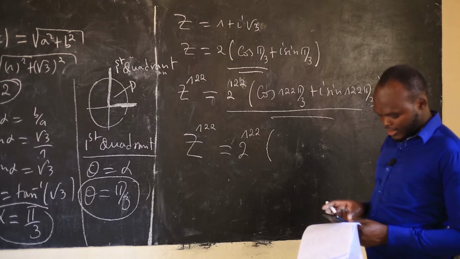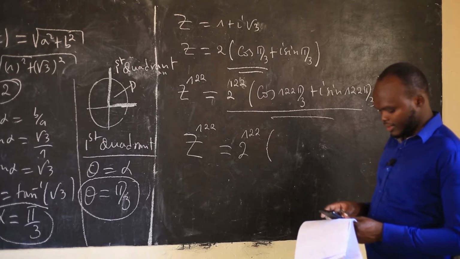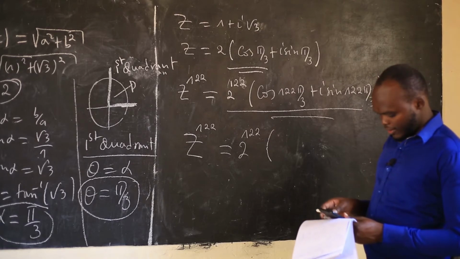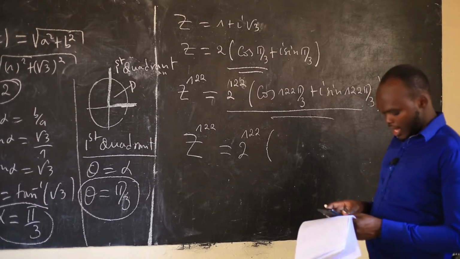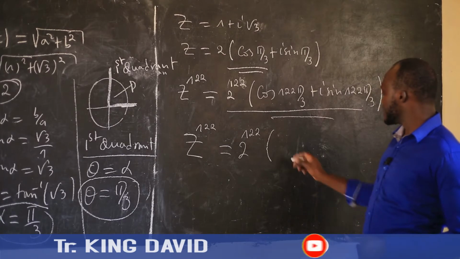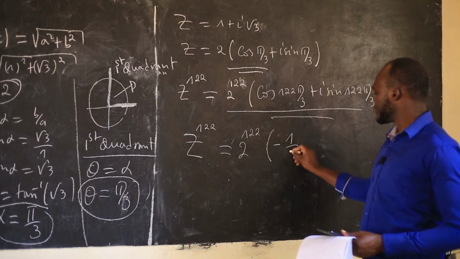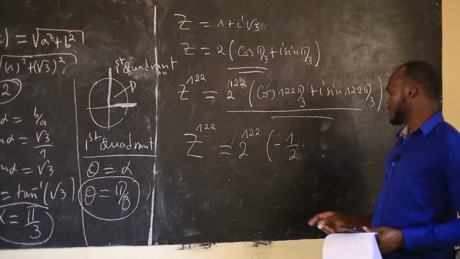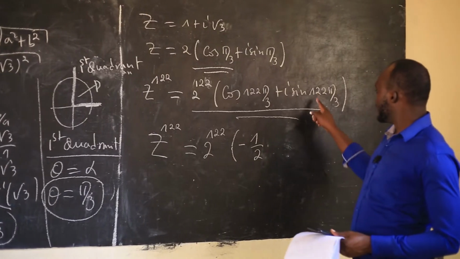The value of cos of 122 times 60 degrees is negative 1 over 2, negative 0.5, which is negative half. Then what is sine of that?